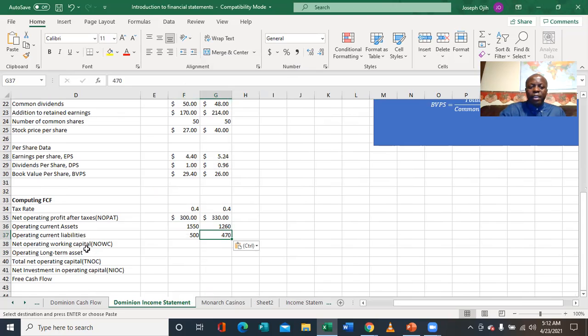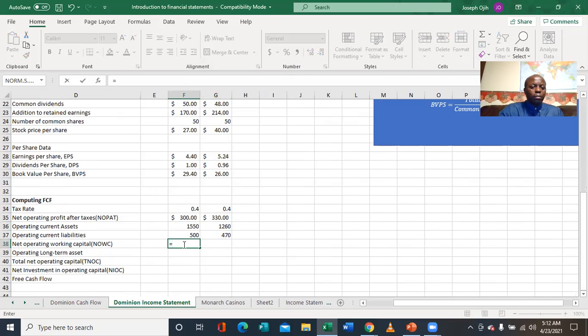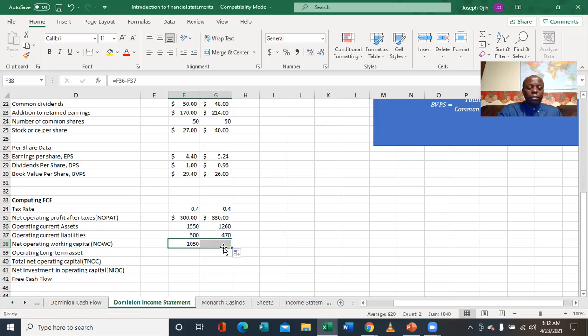With this, I can now calculate the net operating working capital equals operating current assets minus operating current liabilities. And that will give me the net operating working capital, which I will copy down to this side so that it will calculate for the previous year, which is 2020.